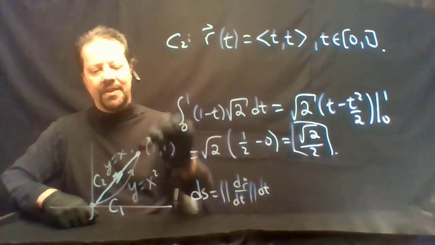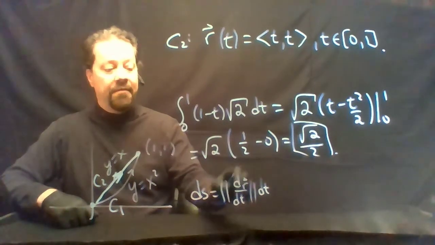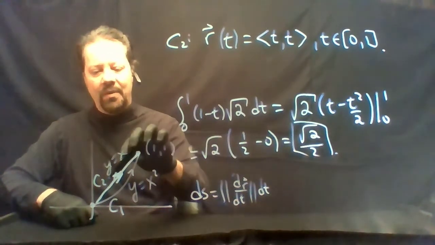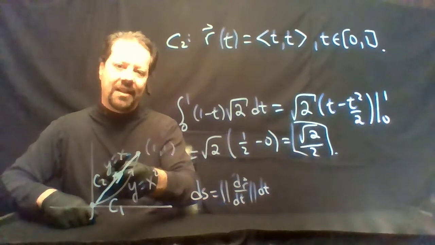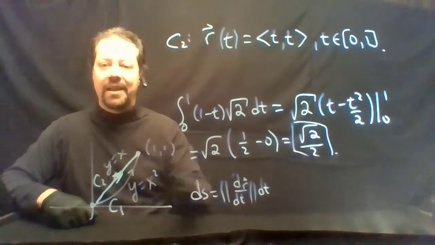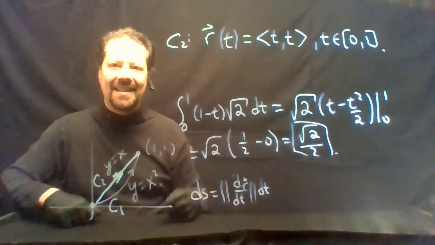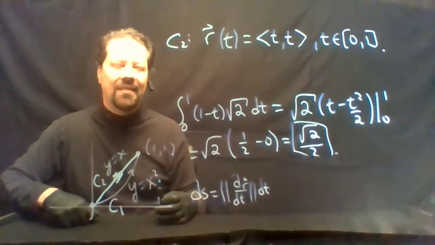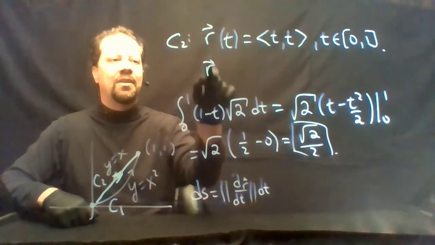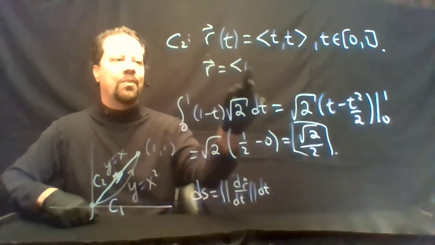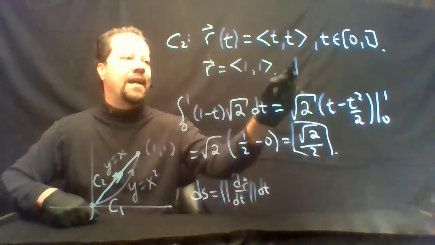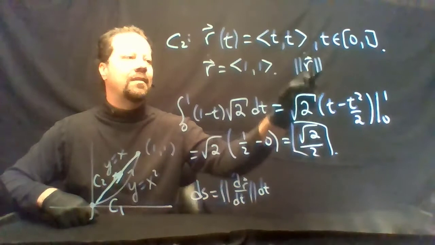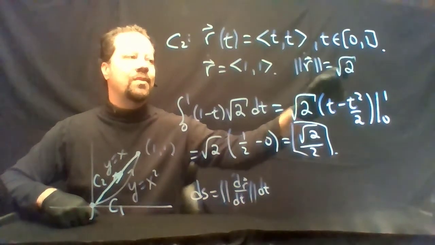If you parameterize in one direction, the tangent vector will go one way. If you parameterize it in the other direction, the tangent vector will go in the other way. But the norm can't detect the direction the vector goes, only its magnitude. Let's see if it makes a difference. We'll calculate r dot, which is 1, 1, so that the norm of r dot is still the square root of 2.